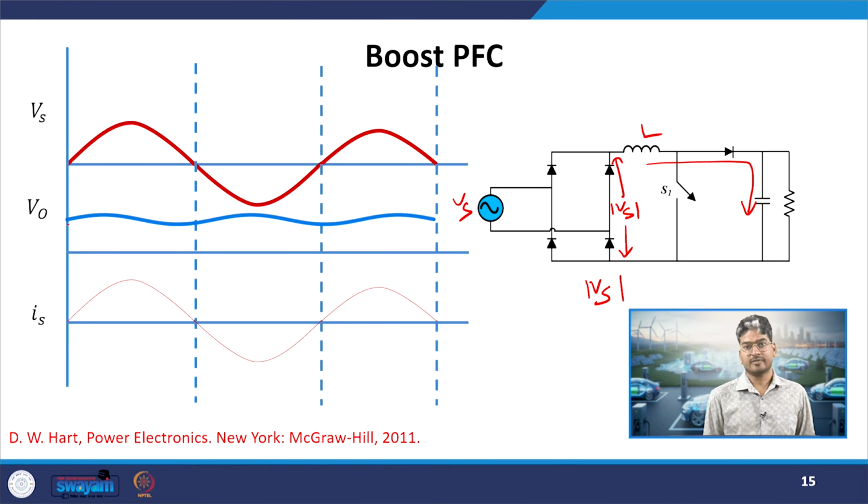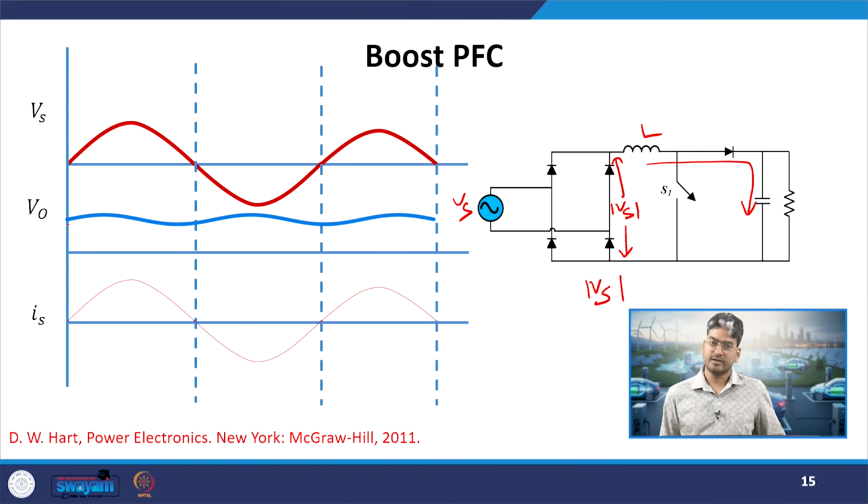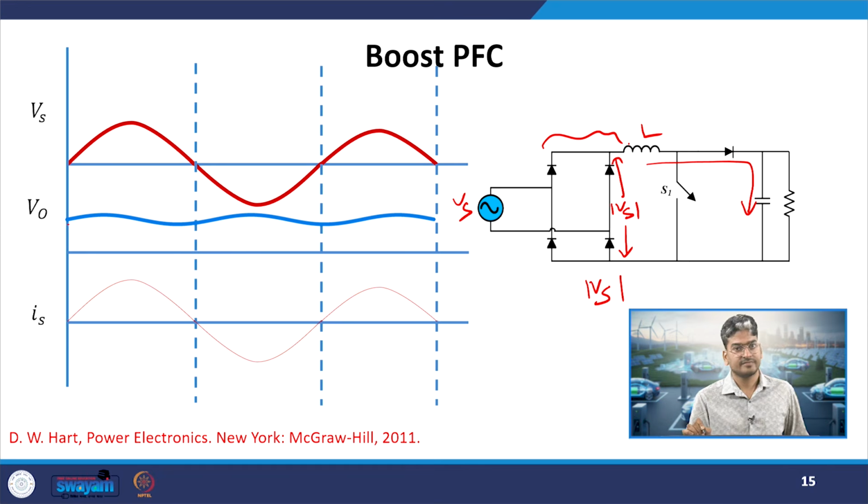Only thing is, on the supply side, we have replaced the constant DC by the absolute value of your sine wave because of the presence of your diode bridge converter. Okay. So, when the switch is closed, whichever inductor current is drawn, that will be drawn from this side. Okay. Why?